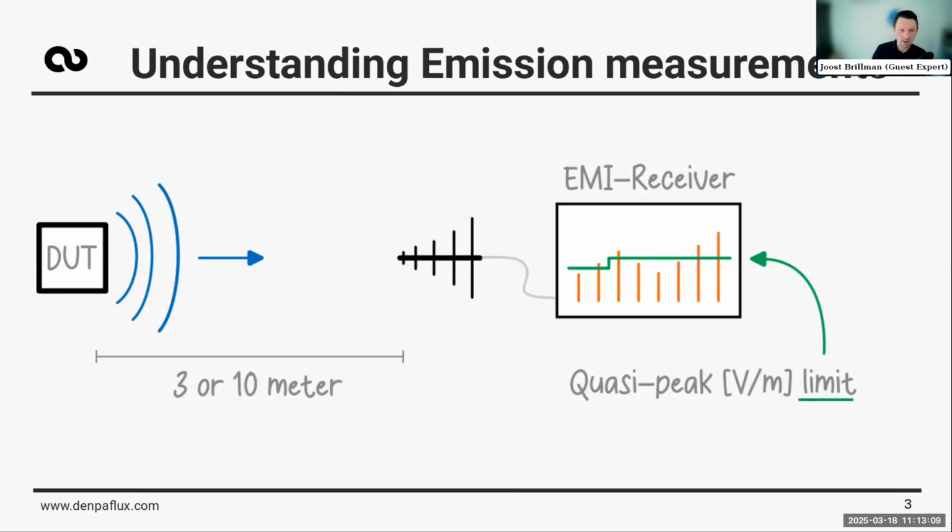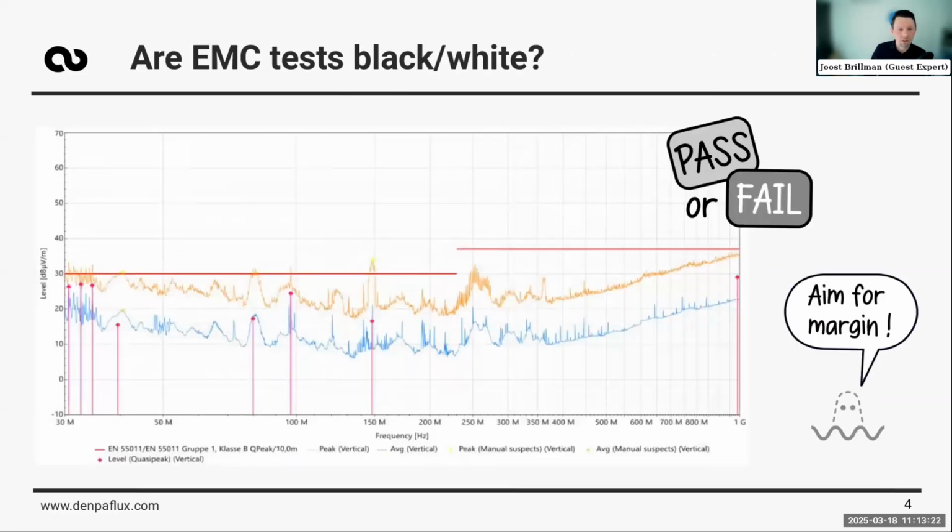And then you'll see in this picture the green line indicating the limit, and our goal is of course to stay well below the limits. This is an example of how a measurement result would look. The horizontal red bars are the limit lines, and the two graphs, the blue one and the orange one, are the measurement results.